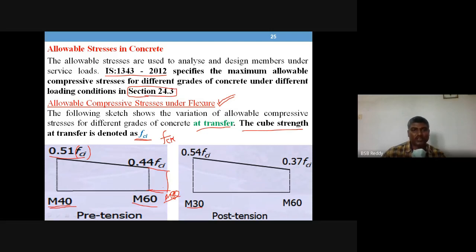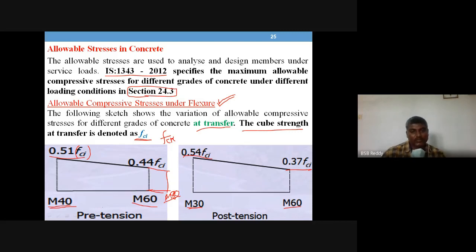That is what the codal provisions say. For post-tensioning, slightly higher values of stress are permitted for lesser grades of concrete, and for M60 it is 0.37 times FCI, for post-tensioning members.